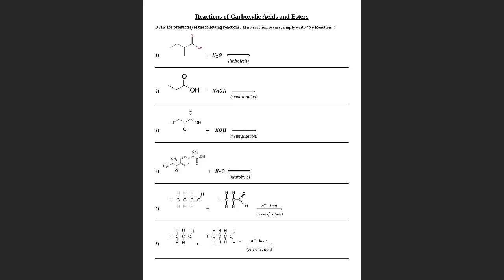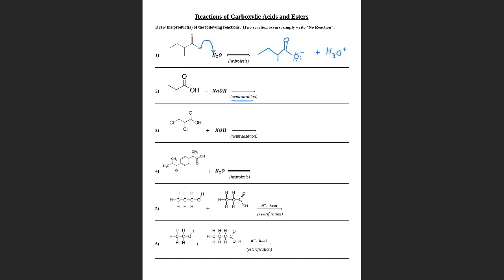So essentially what you're going to do here is donate this hydrogen from the carboxylic acid to the water, and that's going to give you this O minus here, which is the conjugate base of the acid, and then you'll also get an H3O plus, which makes sense because when acids are in water, they do form an H3O plus. Okay.